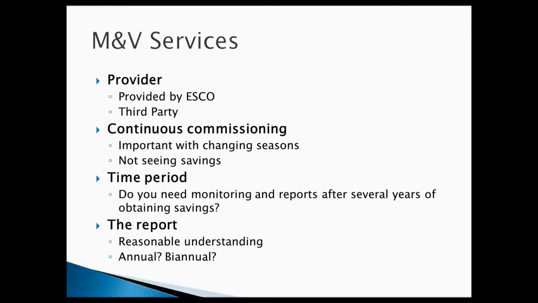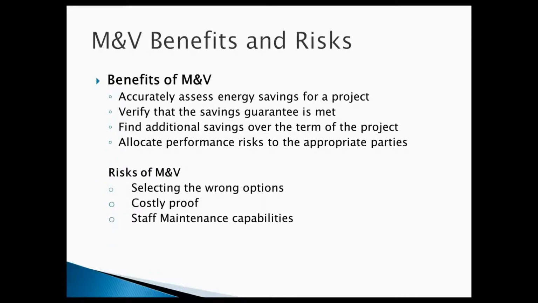For this reason, depending on your ECMs, if you're putting in new systems or controls, you want to be able to make sure that you're changing settings, that everything is being done as seasons change. If you have completed a new system in a project in July, and now it's the end of October, you are changing into a new season, you're going to change the settings on those systems.